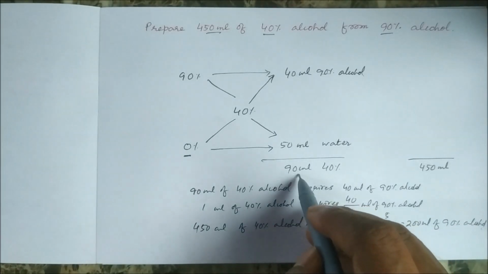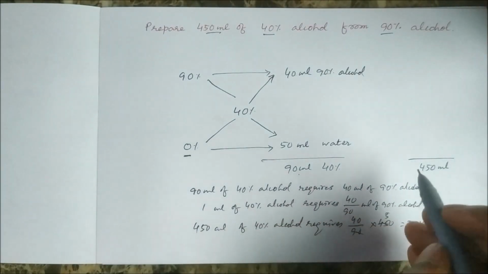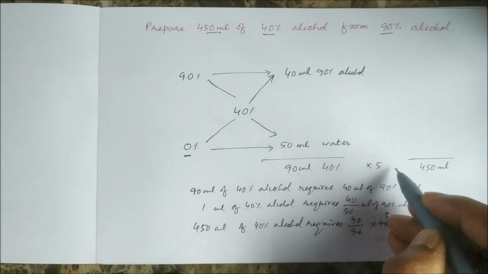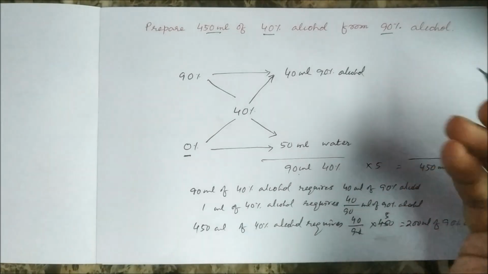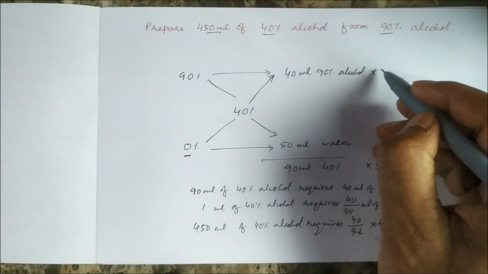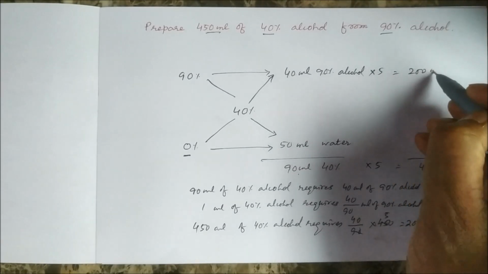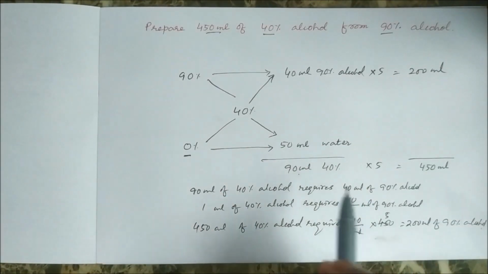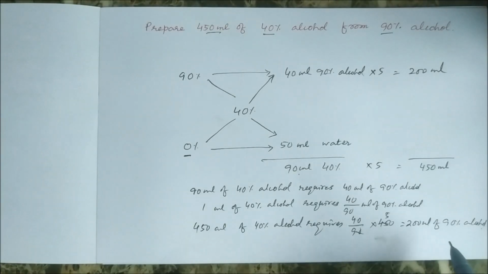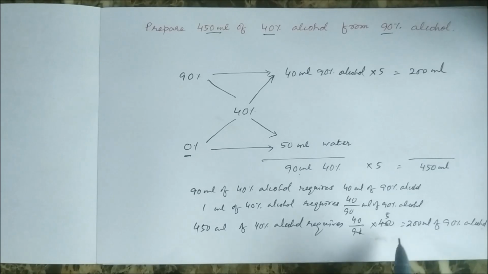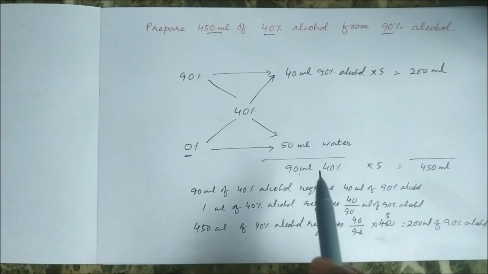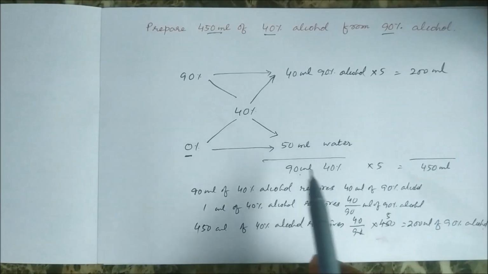Here, for 90, the multiple factor is 5. If you multiply by 5, it will be 450. So in this way also we can calculate. So 40 ml into 5, it will be 200 ml. So this is one method. You can also use the unitary method to calculate the amount of 90% alcohol needed to produce the 40% alcohol.